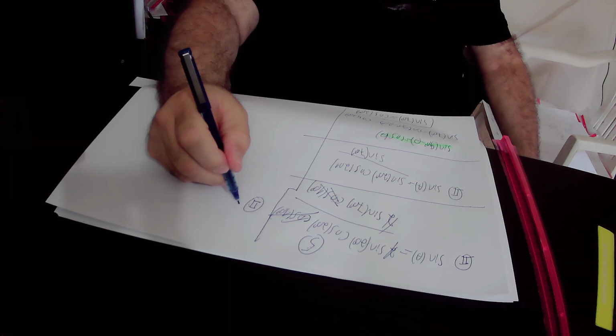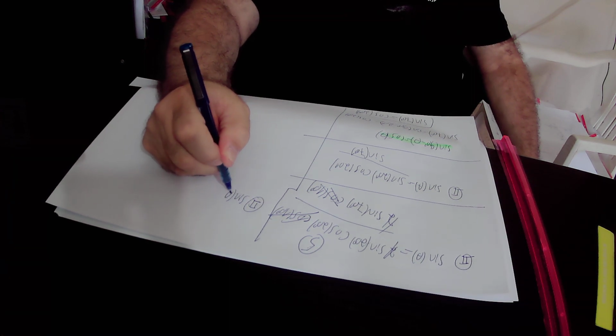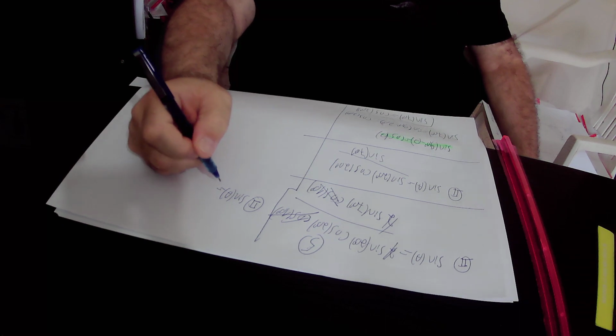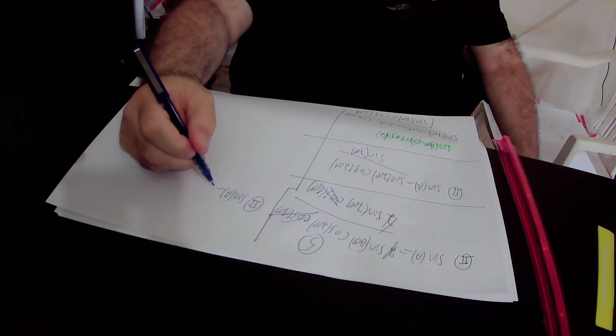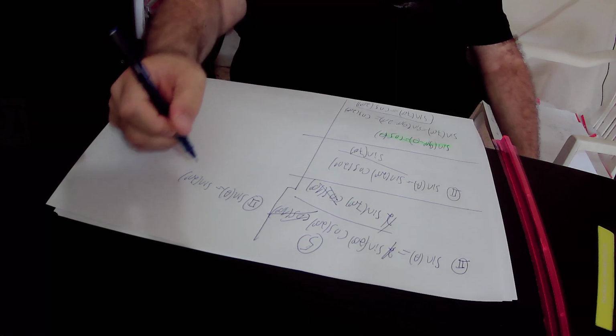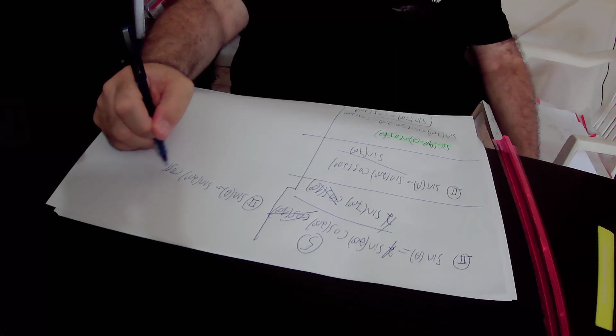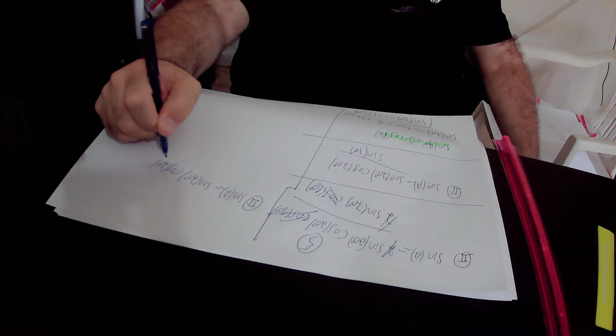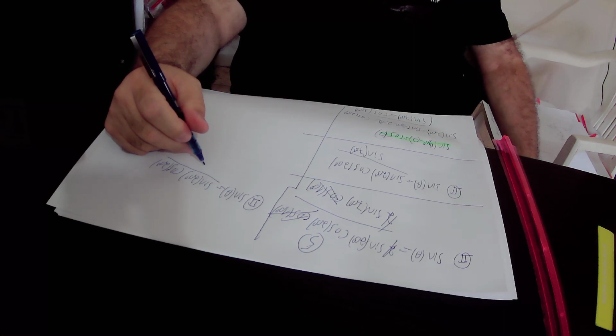sine theta equals sine 20 degrees times cosine 20 degrees over sine 70 degrees.